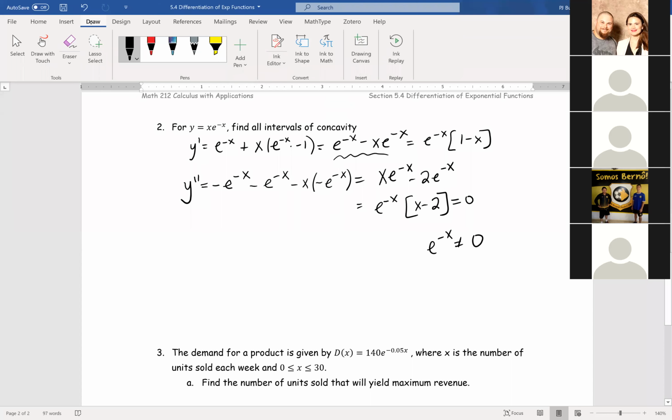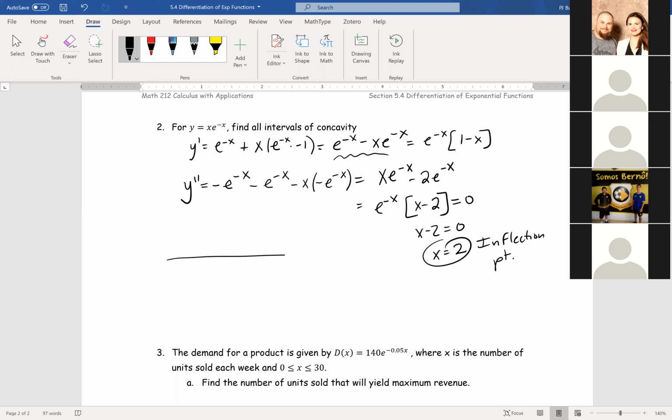If that's not apparent to you, e to the minus x looks like this. There is no way for those functions to equal 0. So if that's the case, then only x minus 2 could be 0. I get x equals 2 for the inflection point.